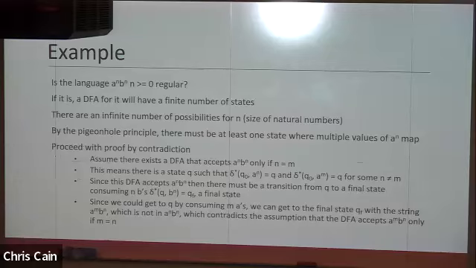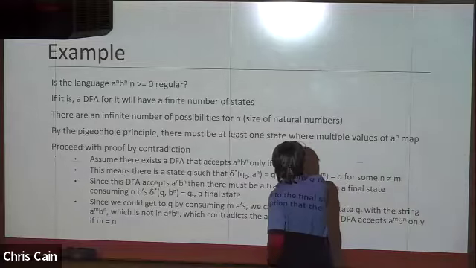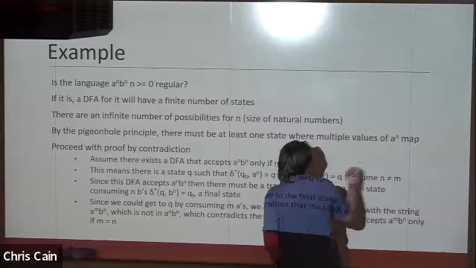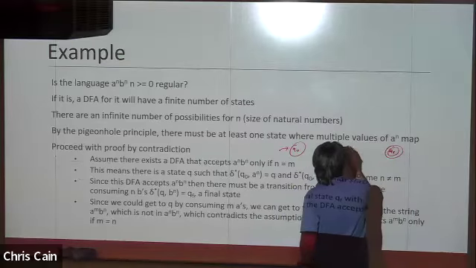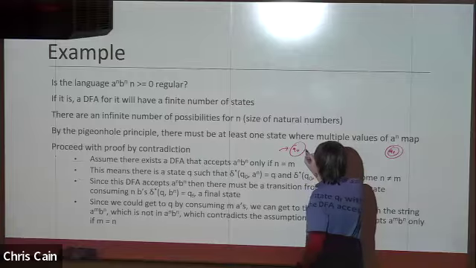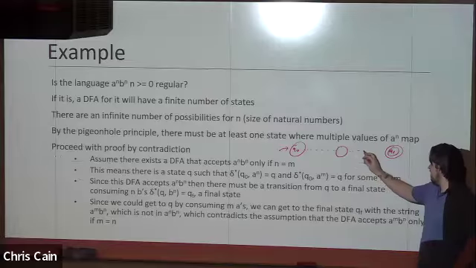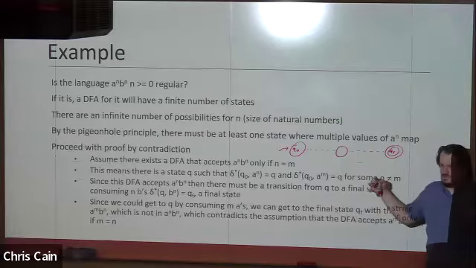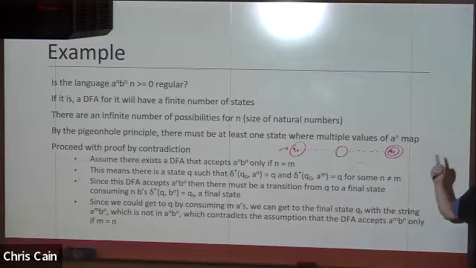Yeah, so there are some finite number of states in this. We end up with an initial state Q0, some final state QF, and some middle state. Getting here consumes all A's. Getting here consumes all B's, and there may be some overlap between these. Maybe this state is exactly the same as this state. There's no guarantee of that one way or another.